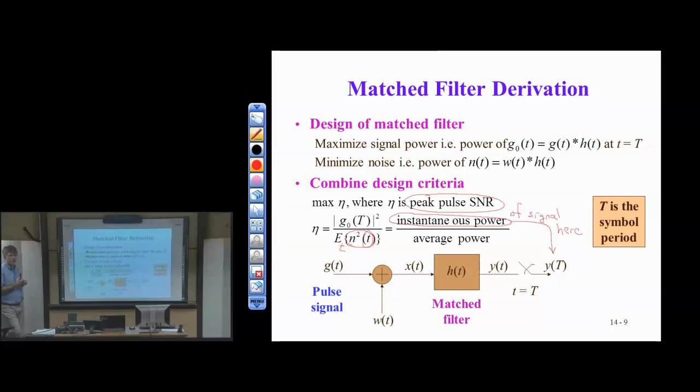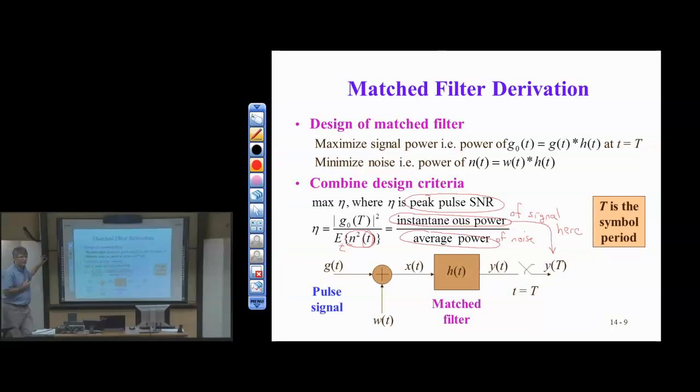So today we'll do some of that over infinite amounts of time. In practice, we'll do everything over finite observations, but it's nice to have the bound here. So again, the average power is the average noise power averaged over all time. Okay, so if we maximize the signal-to-noise ratio as defined here, we will simultaneously maximize the instantaneous power of the signal and minimize the average power of the noise at the same time.